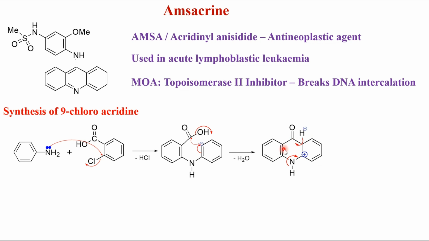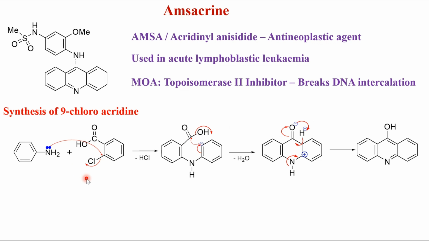As these electrons are taken away, H becomes H plus, and as the bond is formed over here, pi electrons move onto the oxygen, creating O minus. O minus combines with H plus, and it becomes the corresponding 9-hydroxyacridine. A simple one-step process of preparation of 9-hydroxyacridine by treating aniline with orthochlorobenzoic acid.